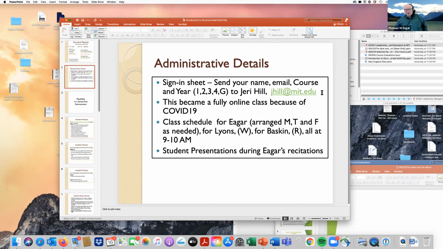I can't believe how antiquated the whole registration system is at MIT. The faculty member doesn't really know who's in the class for about 3 or 4 weeks, and even then the data is usually terrible. So I have Jerry keep a list, and she will be sending you emails through Stellar or other ways. Like I said, it became a fully online course because of COVID.